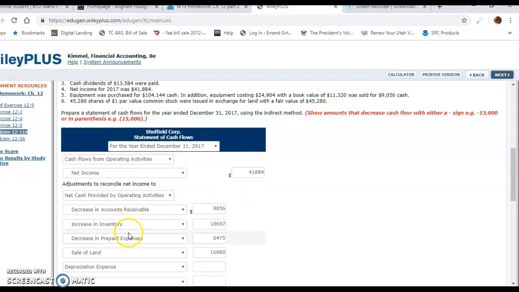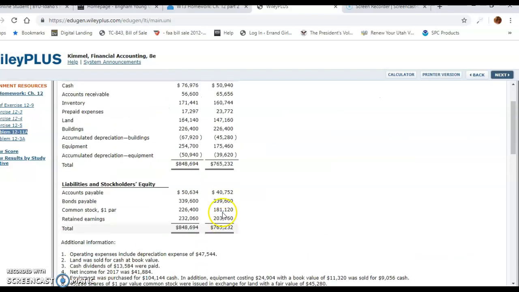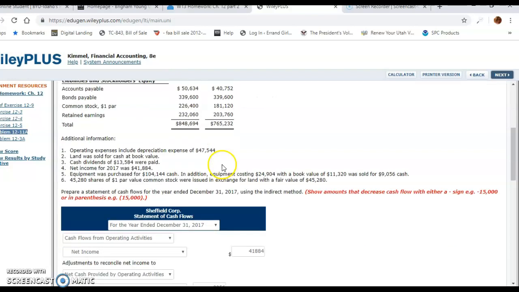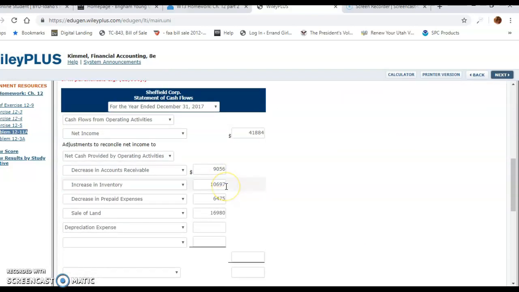And then we do the same thing, increase in inventory. So that was an increase from 160,744 to 171,441. So our amount is 10,697. And then we had a decrease in prepaid expense.